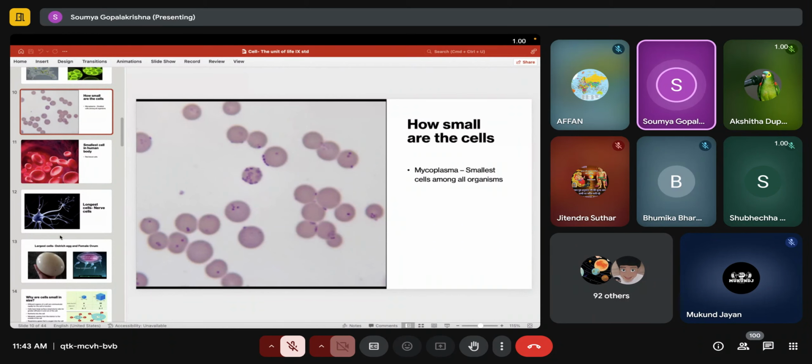Now, how small are the cells? When we talk about the smallest of the microorganisms, I told you, they are viruses. But viruses are not completely living. Their structure is also different. Later, when I teach you the cell structure of organisms, I'll tell you how the virus is different.